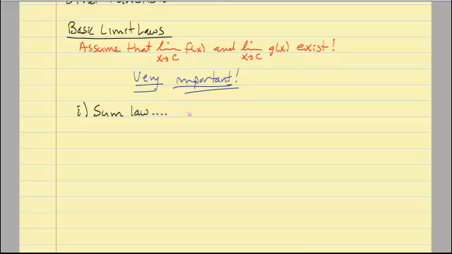Now we'll write this out formally, but one way that we can remember it is to say the limit of a sum is the sum of the limits. And of course we can replace the word sum with difference here as well.